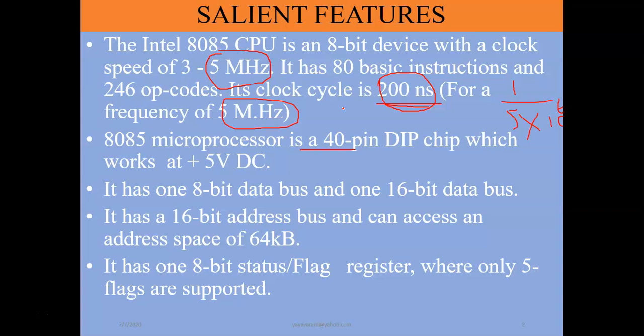A 16-bit address bus means it carries an address that is 16 bits wide. That is the most important thing. So this is a 16-bit address bus and an 8-bit data bus.